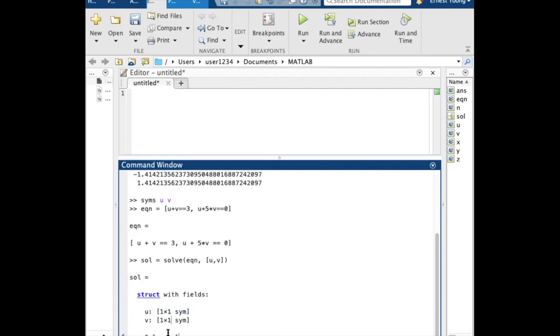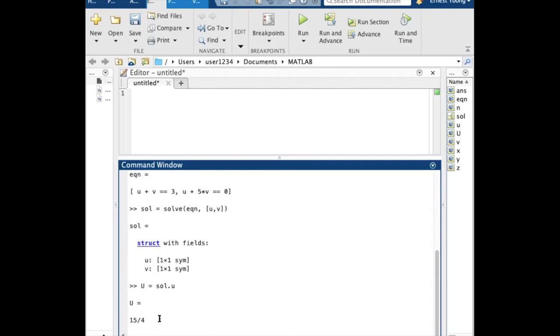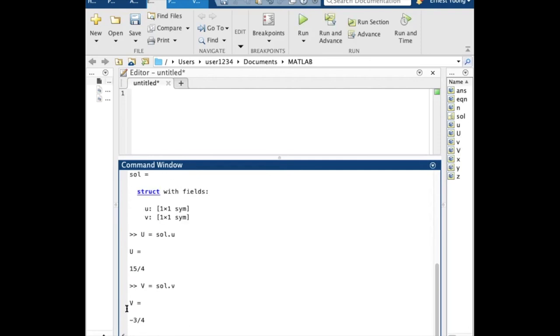In order to print out the value, I need to use sol dot v. If you want to name it u solution, you can put anything. You can use a capital U also, because capital U and small u are different in the code. But here I should print u, so sol dot u. So I get my answer. I get v, my answer v, solution dot v. Okay, so I get my answer here. Very cool.